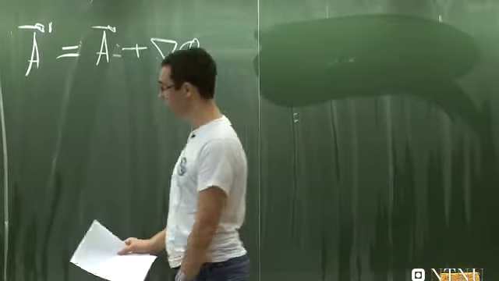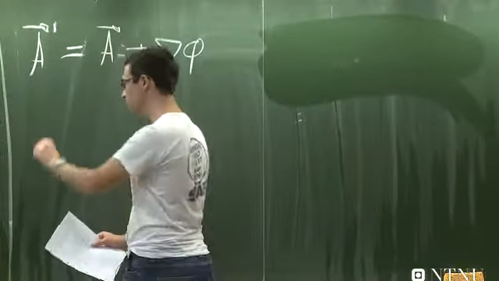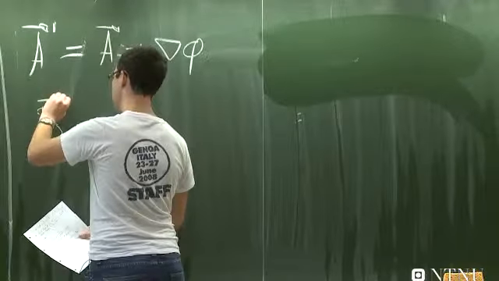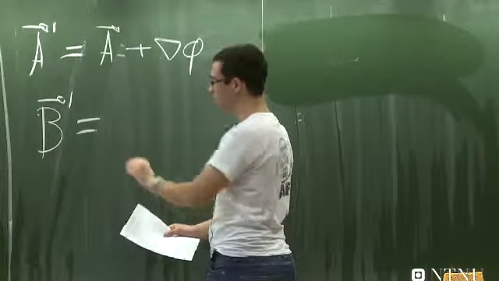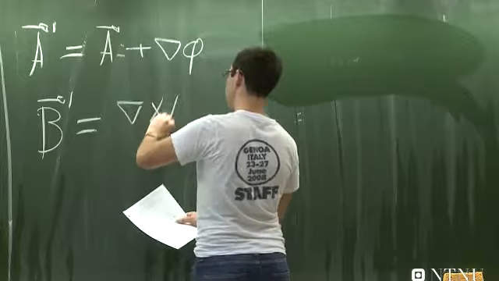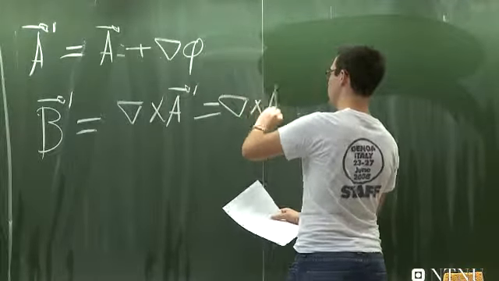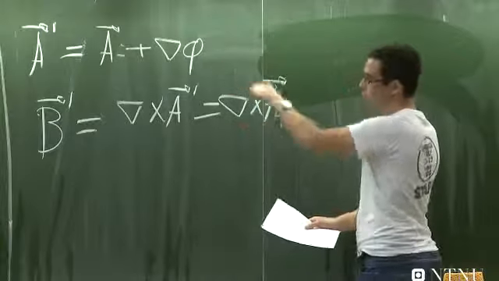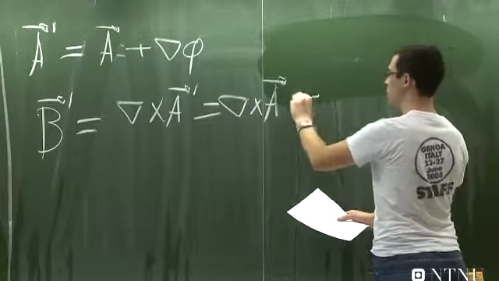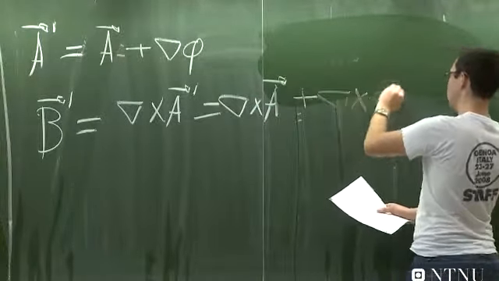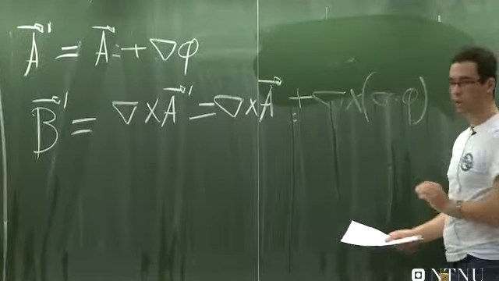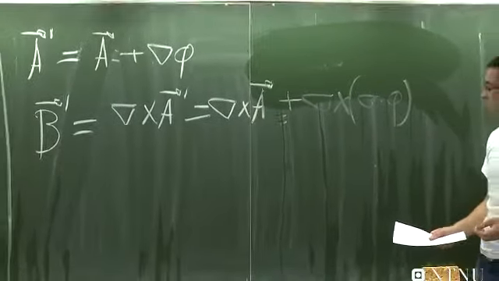So now I'm going to calculate B prime just to show that the gentleman was right. And B prime is just nabla cross A prime, of course. The first term is just nabla cross A. And the second term is the curl of a gradient, and that's 0.